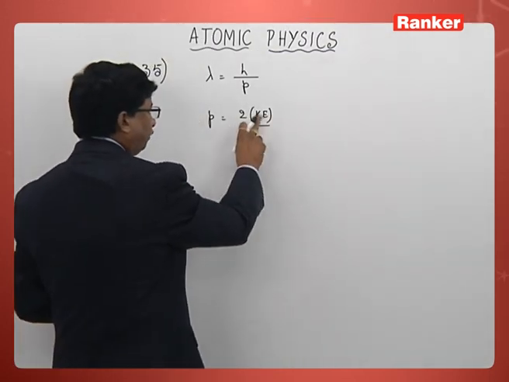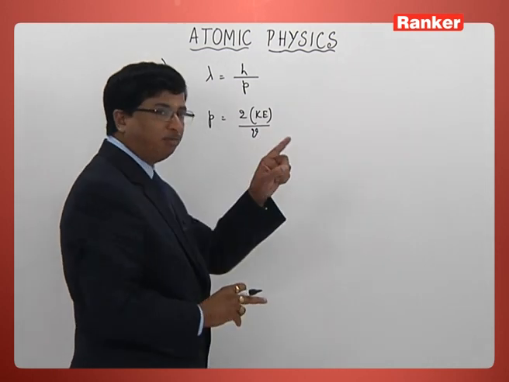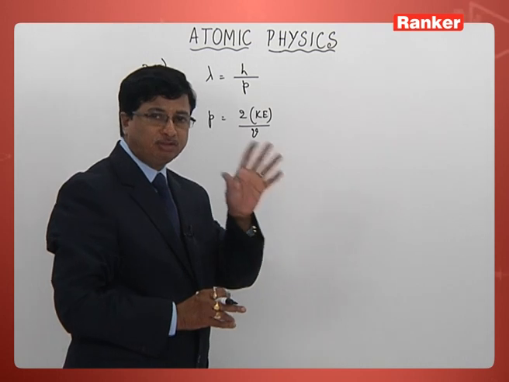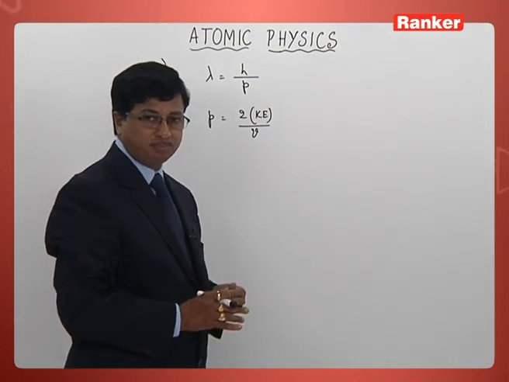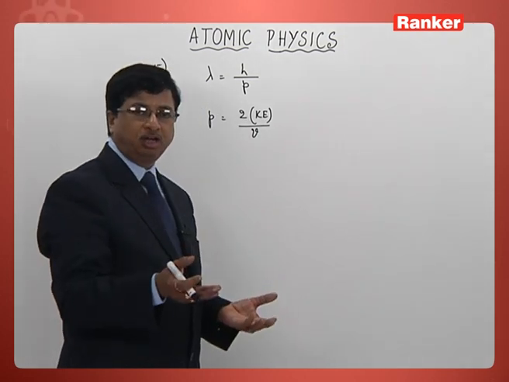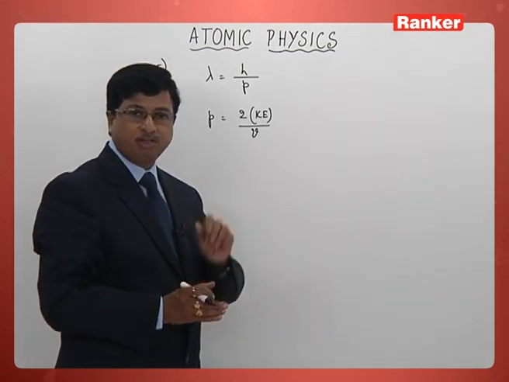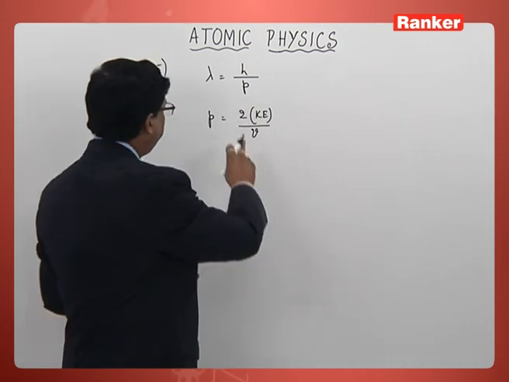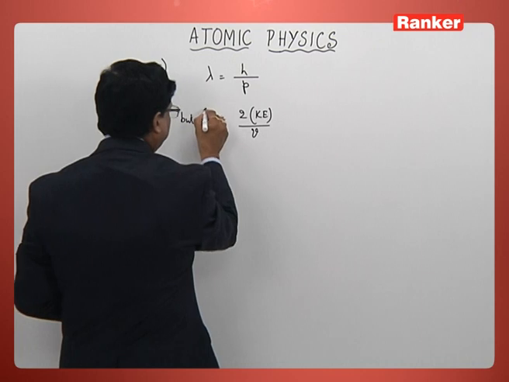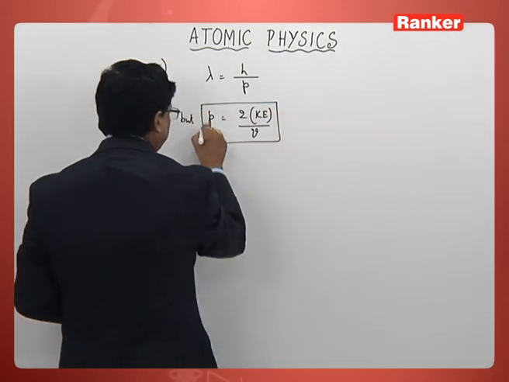What is this twice kinetic energy? Twice half mv square; the 2 gets cancelled, and you are left with mv square in the numerator. mv square by v, with v getting cancelled, leaves momentum once again, mv. So in place of p, I write this. This is the relation you have to take.